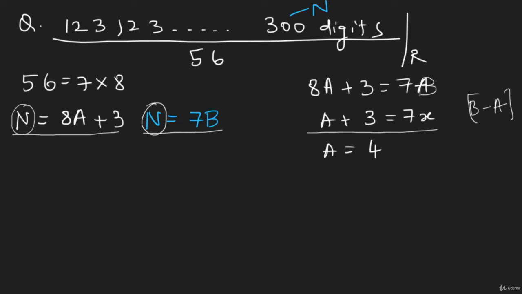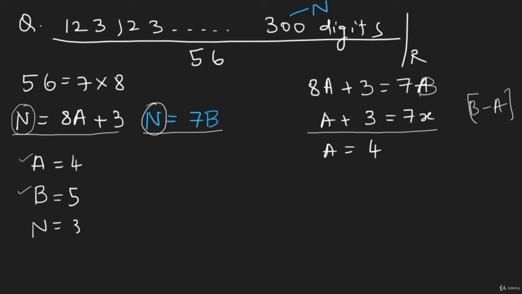All right, now let me write that over here. a is equal to 4. When I apply this over here, 8 into 4 is 32. 32 plus 3 is 35. So 7b is equal to 35, right? So b will be equal to 5. I have one solution of a and I have one solution of b. Now at these points n is equal to 32 plus 3, that's 35.